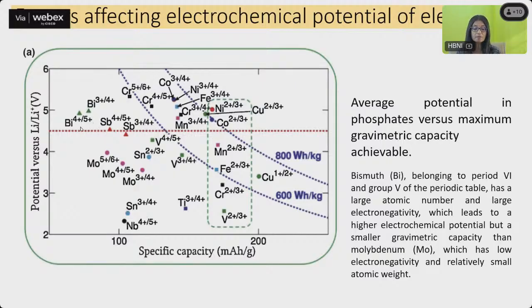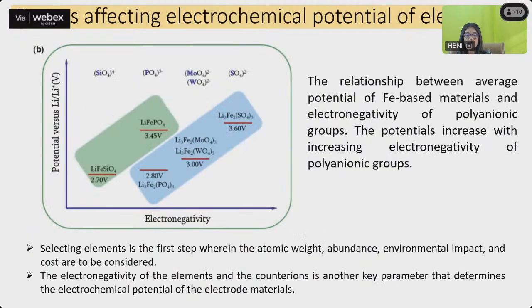But the gravimetric capacity of this material is less compared to molybdenum, because the weight of bismuth is much more compared to that of molybdenum. That is the reason why the specific capacity of molybdenum 4 plus 5 plus is high compared with that of bismuth 4 plus 5 plus, whereas the potential is high in the bismuth case. So all these factors you have to consider when you are exploring new materials for your electrodes.